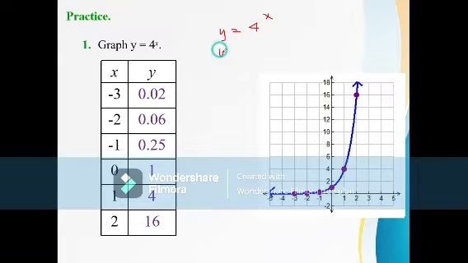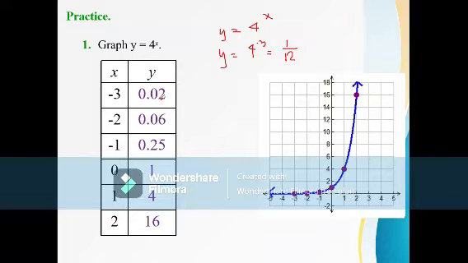Now if x is equal to negative 3, you have here 4 to the power of negative 3. And 4 to the power of negative 3 is equal to 1 over 4 cubed, which is 1 over 64. So 1 divided by 64 is 0.02.